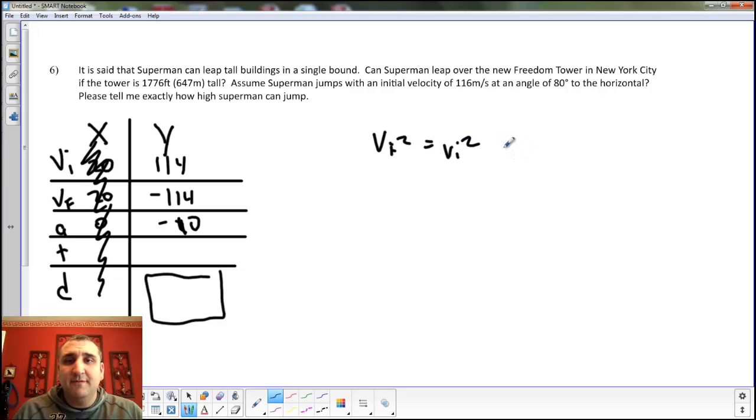Negative 114 equals 114 squared plus 2ad.